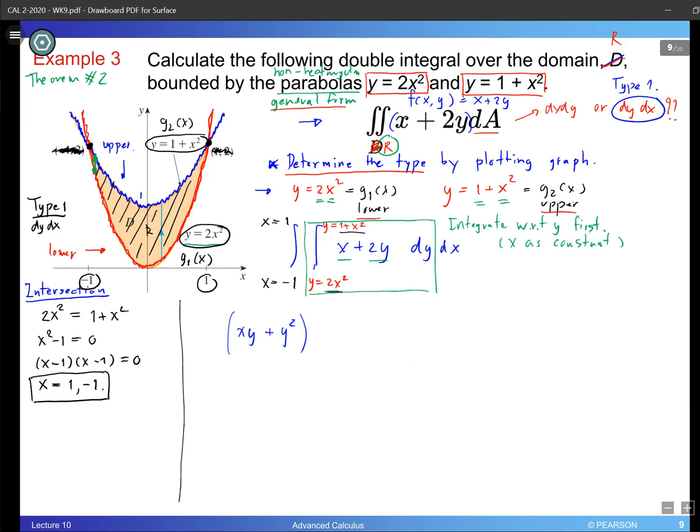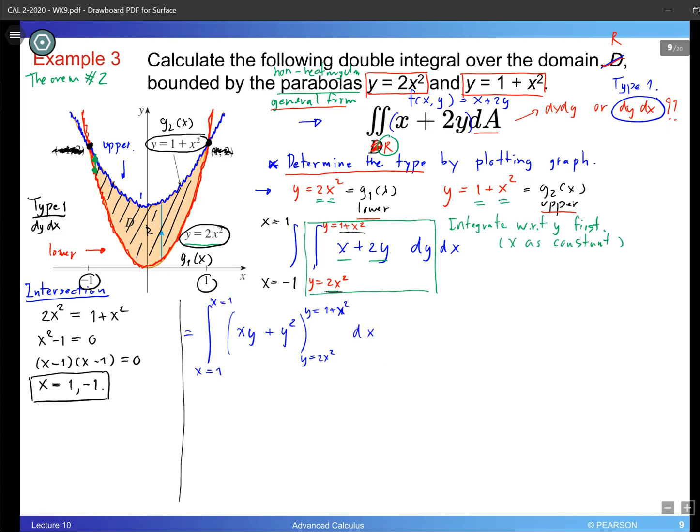So we need to evaluate this at y equal to 2x squared, the lower curve, and y equal to 1 plus x squared, the upper curve. And don't forget that we still have the other integration sign that we have to include, x equal to minus 1 to x equal to 1, dx.